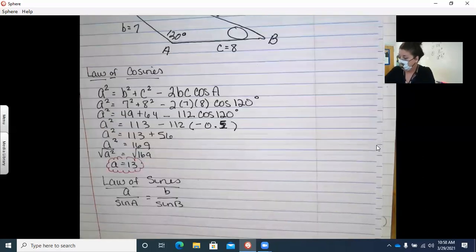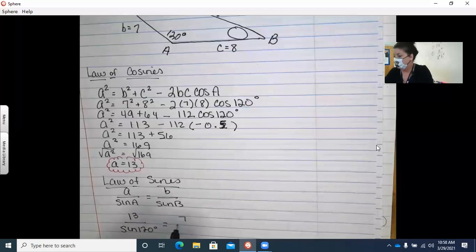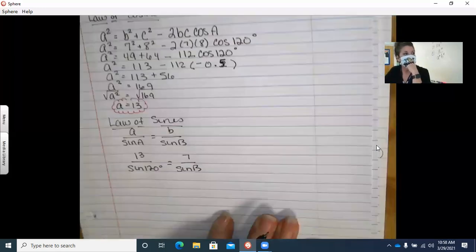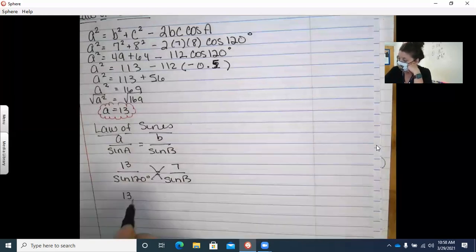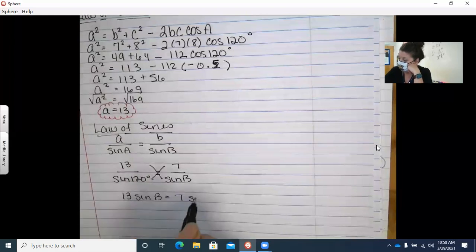So side A, 13 over sine of 120 degrees equals side B, 7 over the sine of B. We don't know that. So I'm going to find the cross product. So 13 times the sine of B equals 7 times the sine of 120 degrees.